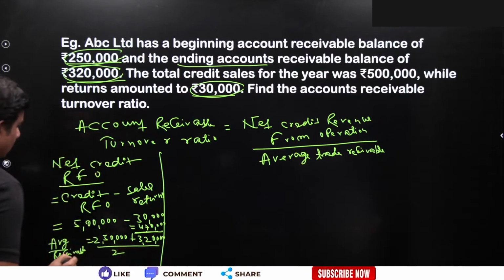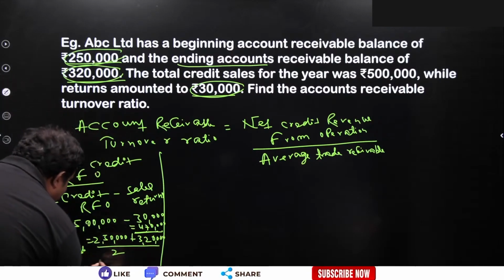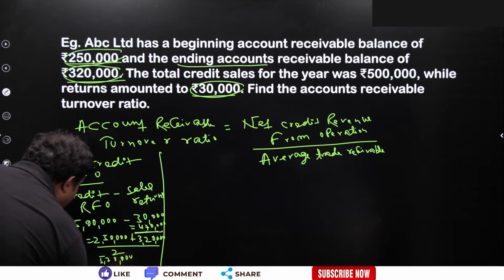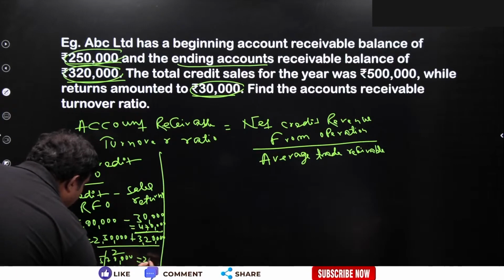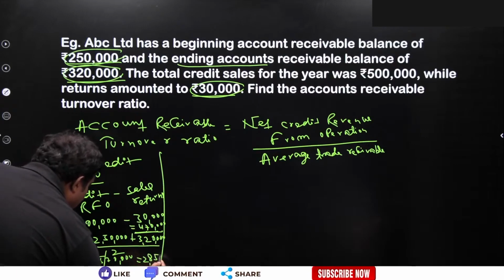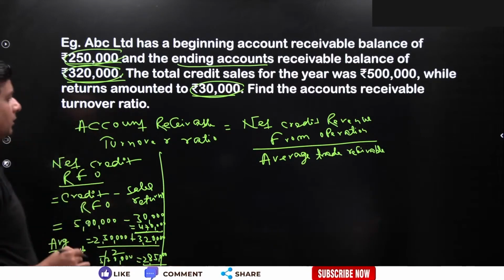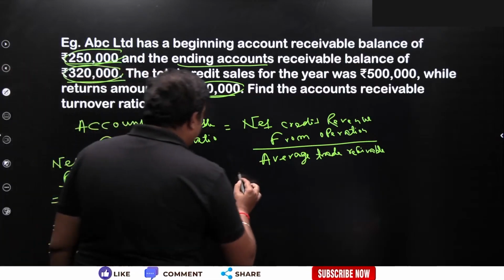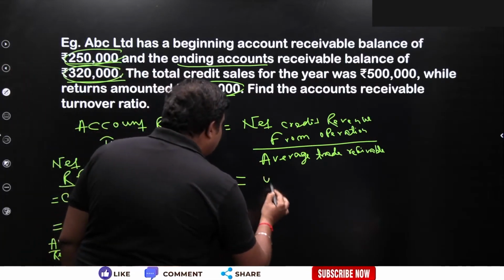So 250 plus 320 will give you how much? 5,70,000, and 5,70,000 divided by 2 should be 2,85,000.